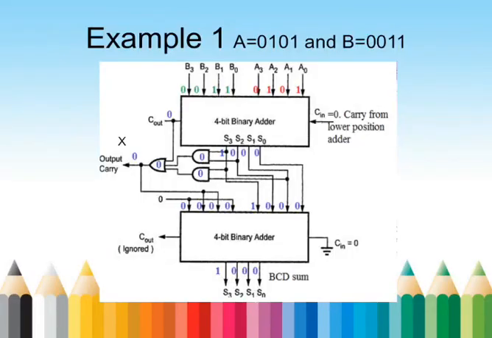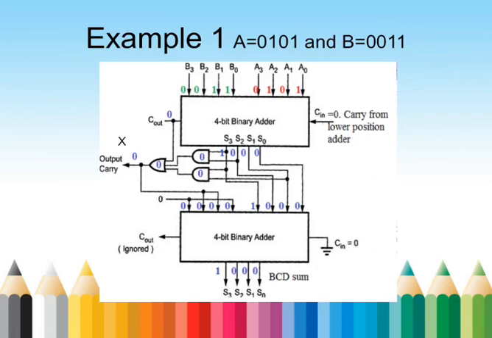Let me discuss this BCD adder with a simple example. Consider the 4-bit input variables A and B as 0101 and 0011 respectively. The decimal equivalent of 0101 is 5 and of 0011 is 3. We already know that if we add 5 and 3, the output is 8.